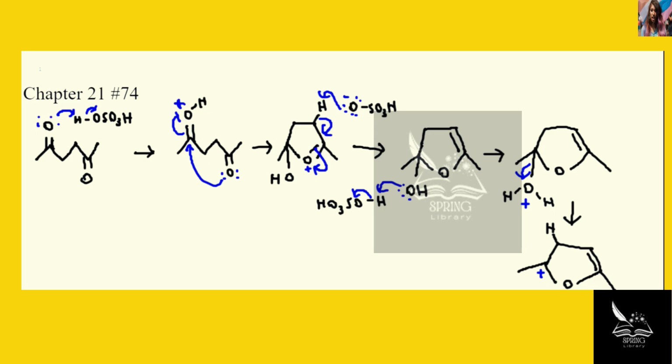And then again, we can use the conjugate base of sulfuric acid. This oxygen has a negative charge and 3 lone pairs. One of those lone pairs will grab that hydrogen. Those electrons will kick down to form a new double bond between the carbocation and that carbon.